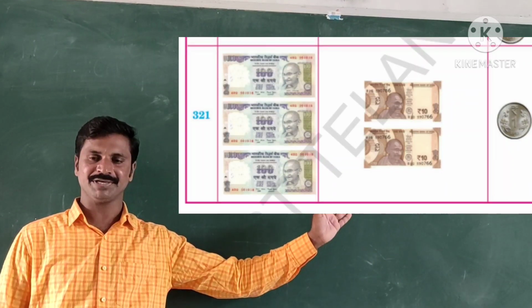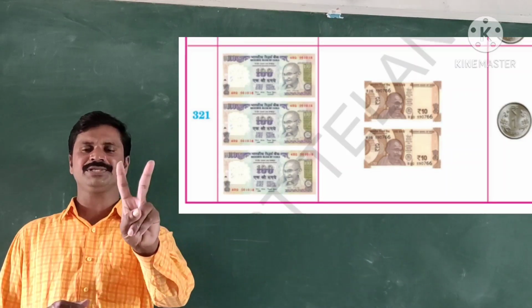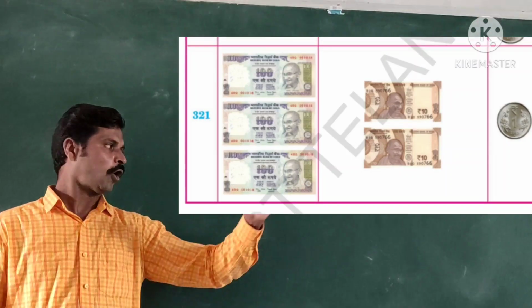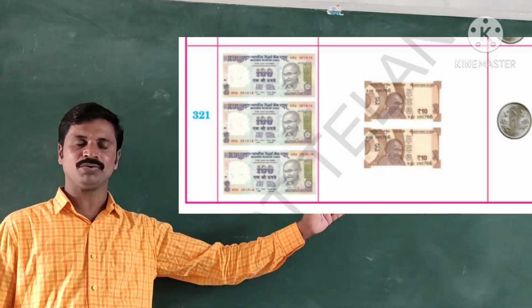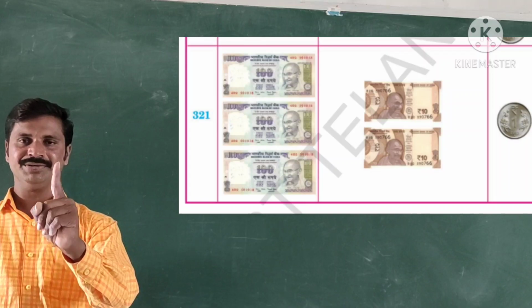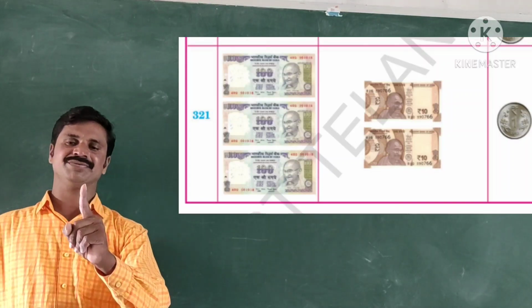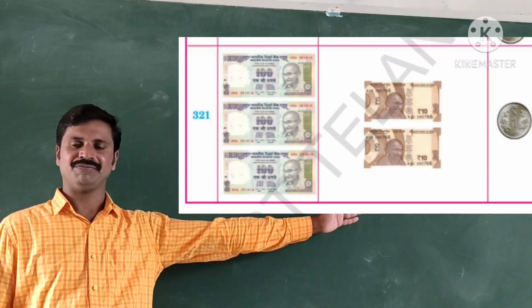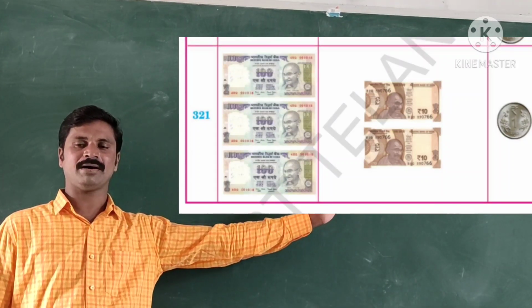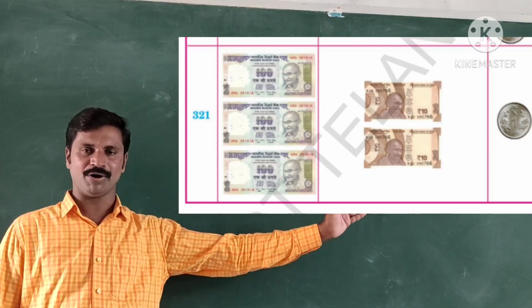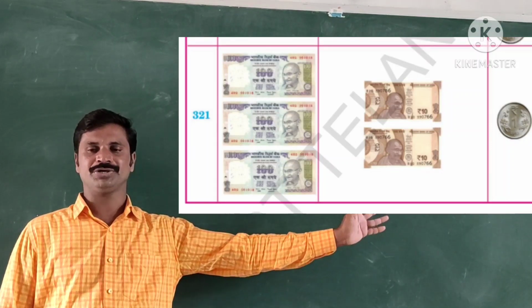There are only 2 tens. How many ones are given? Only 1 one is given. What is the total amount shown here? Very good. The total amount is 321.